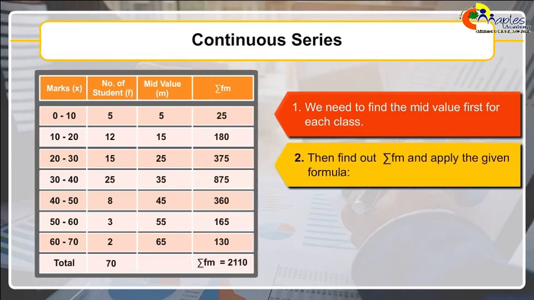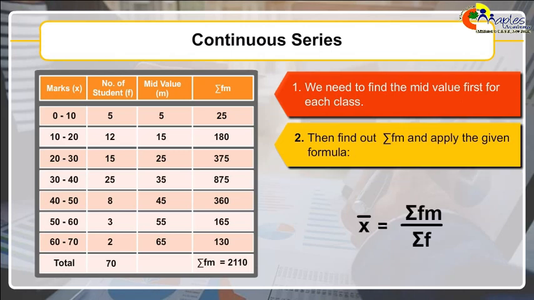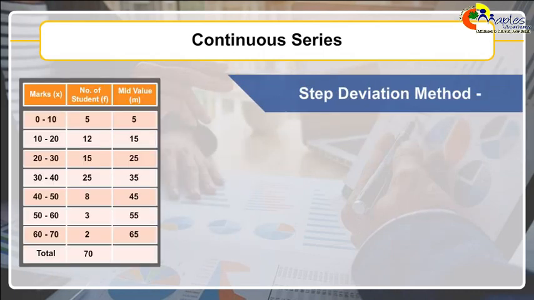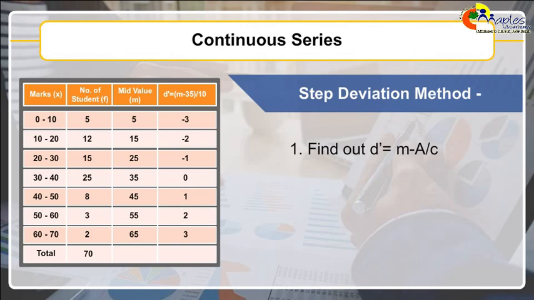Then find Σfm and apply the formula x bar = Σfm/Σf. Step deviation method. Find d' = (m - A)/c. x bar = A + (Σfd'/Σf) × c.